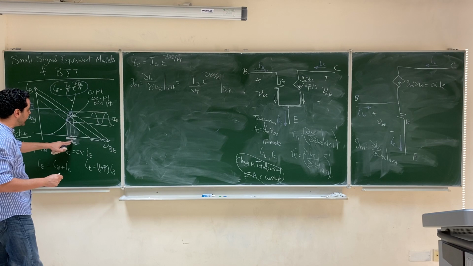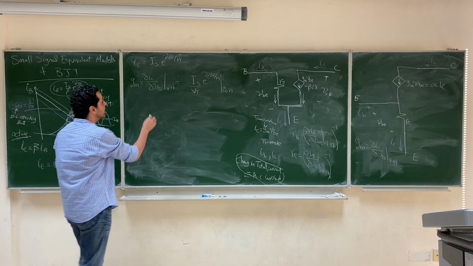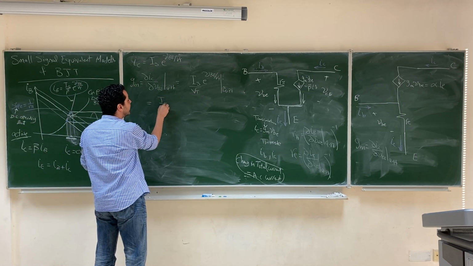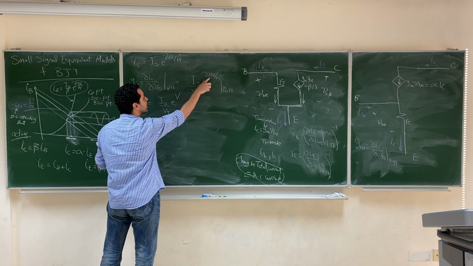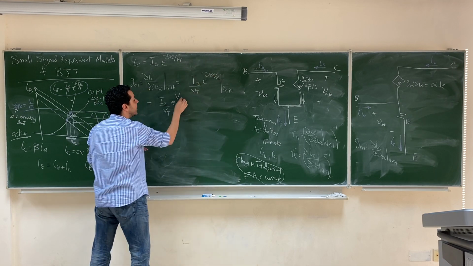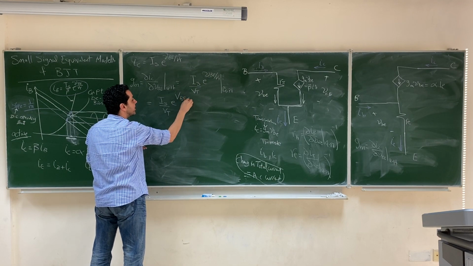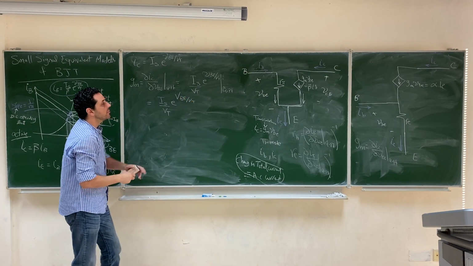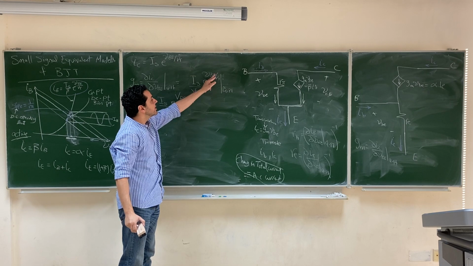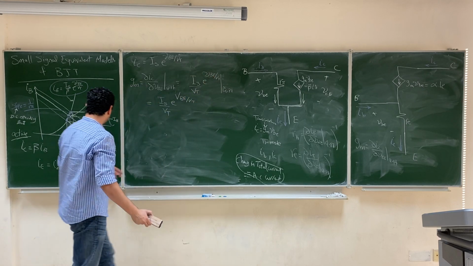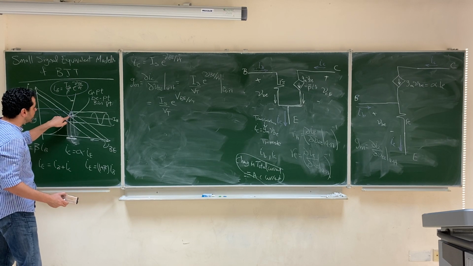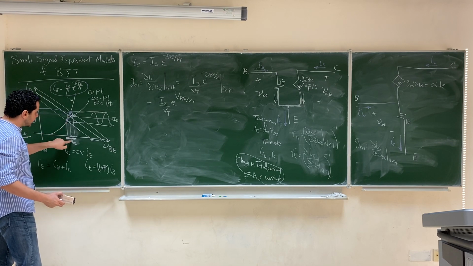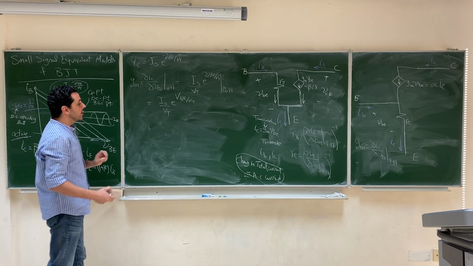The total VBE is equal to the DC value. So this will be equal to IS over VT exponential, and we replace the total VBE by the DC value of VBE. Why again? Because at the operating point, the total VBE, which is this axis, will be equal to the DC value of VBE.